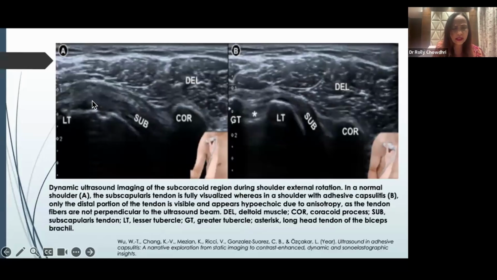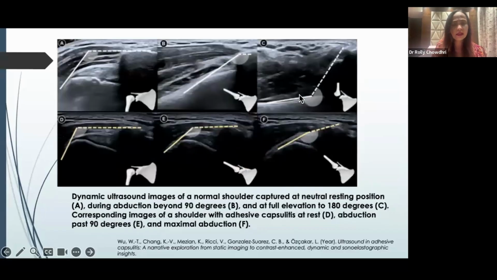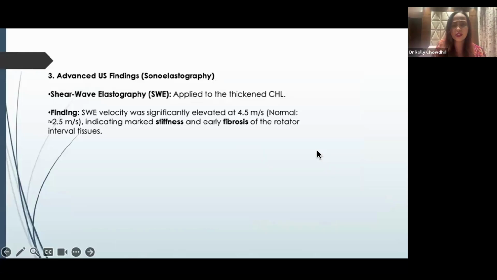The subscapularis on the normal side was visualized in its complete extent, but in the patient with adhesive capsulitis, only the distal aspect is visualized because external rotation is significantly restricted. These are the angles which you can also see, in the normal shoulder with no subacromial impingement, then the patient in neutral, at 90 degrees abduction, and at 180 degrees, and how it changes.